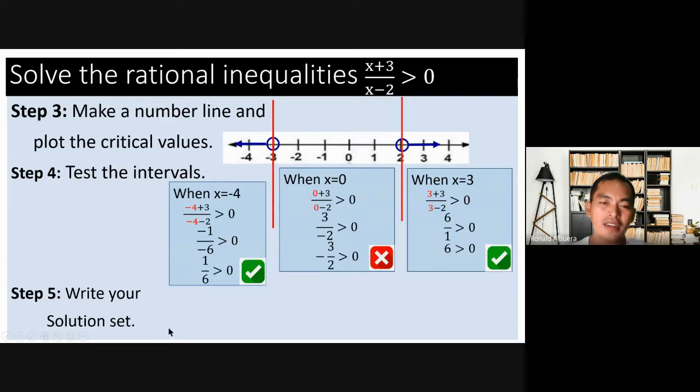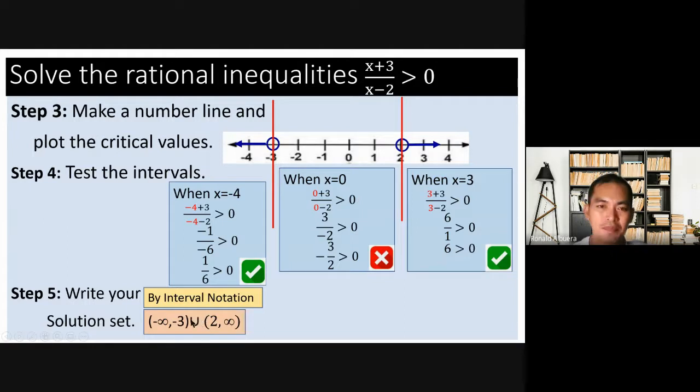I said you can write it in 3 ways, by interval notation. So we have here from -infinity, because this is from the negative left side, to -3. It's an open interval, -infinity to -3, and you use the symbol of union.